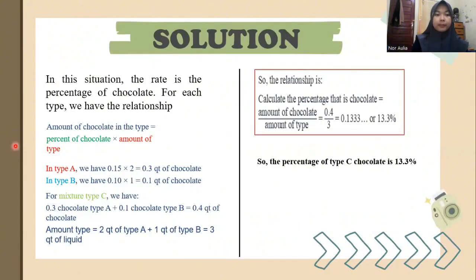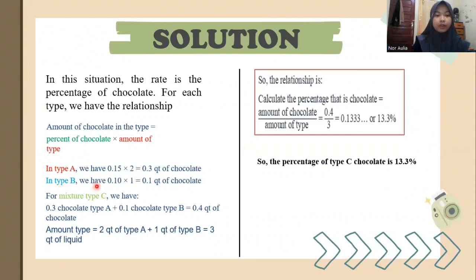For the solution, in this situation, the rate is the percent of chocolate. For each type, the amount of chocolate equals percent of chocolate times amount of the type. In type A, we have 0.15 times 2 equals 0.3 quart of chocolate.